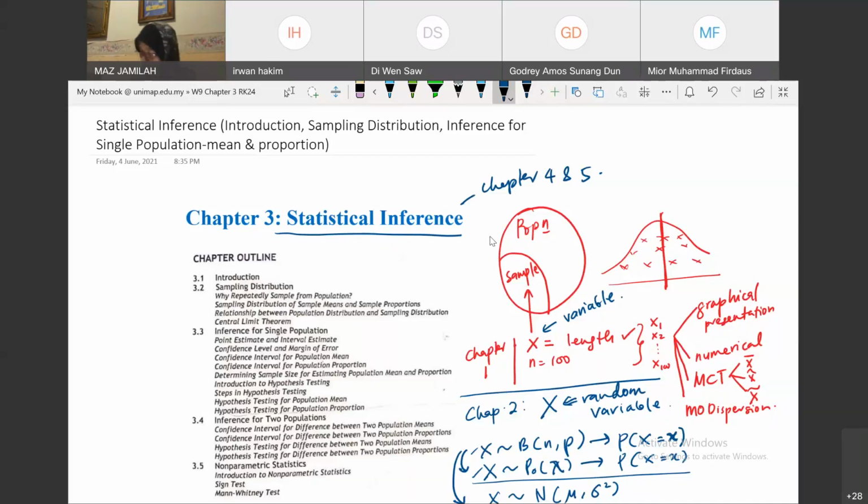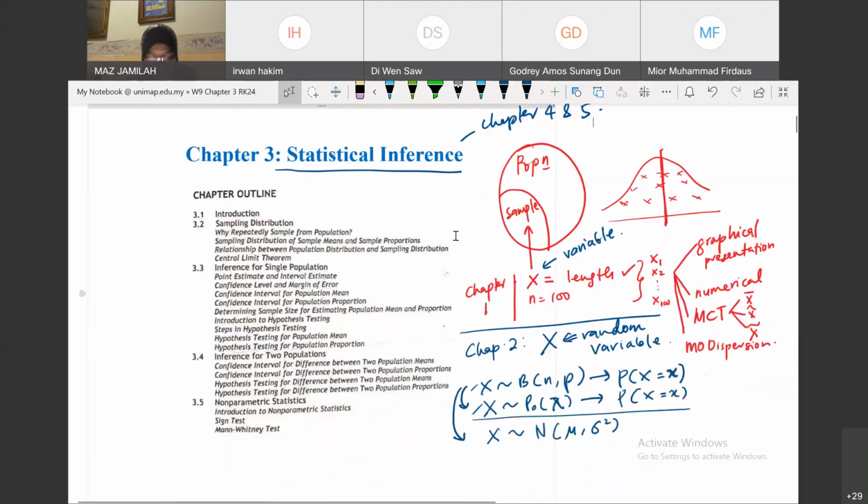If you look at your textbook, on page 73, when we put your topic in a certain chapter outline, this is somewhat like a summary of the things that you need to cover. So please look into detail what you can have under the chapter outline.